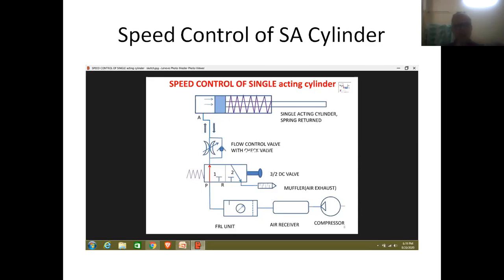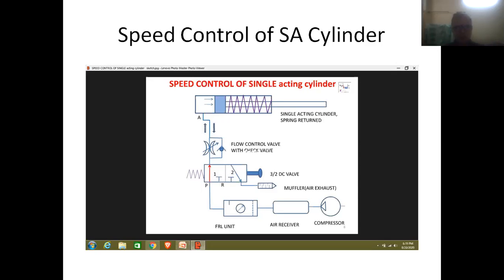So friends, this is the arrangement of a flow regulator that is generally used for controlling the speed of single acting cylinders.